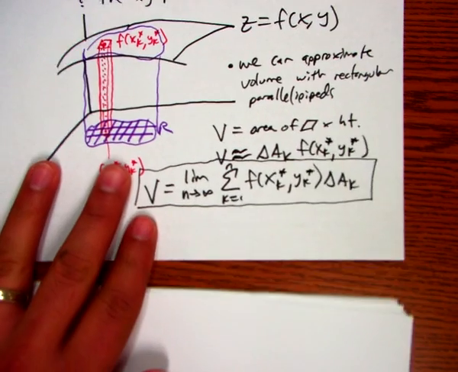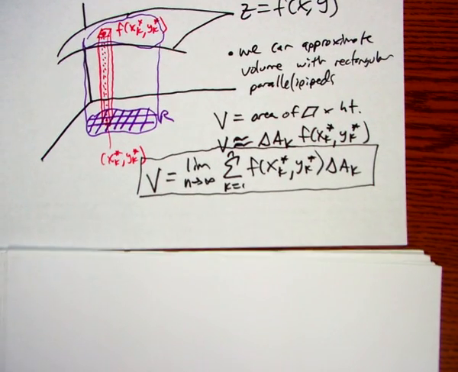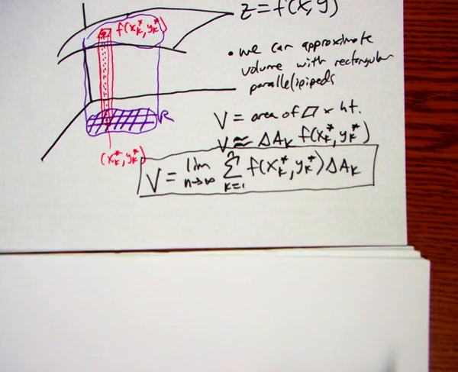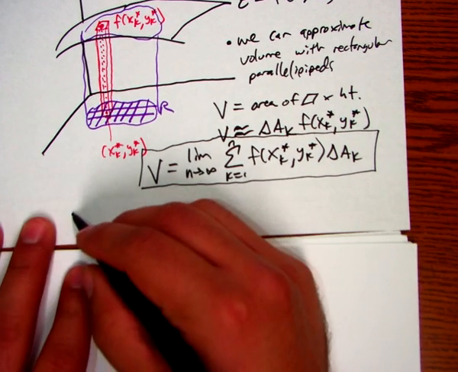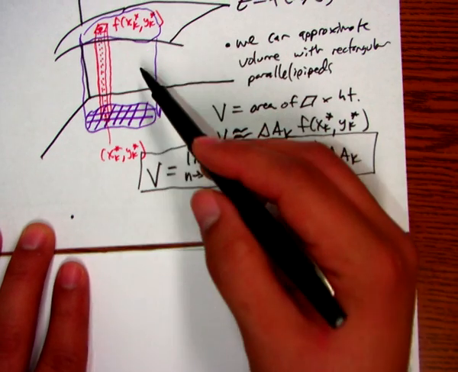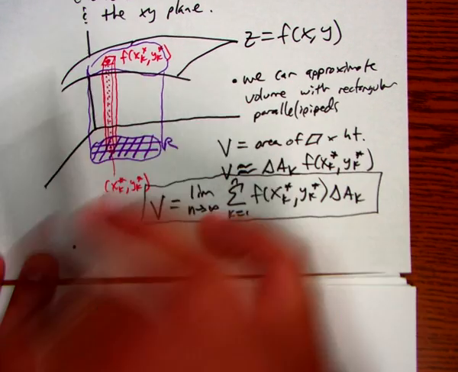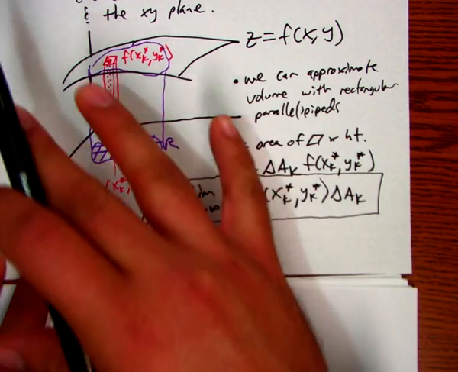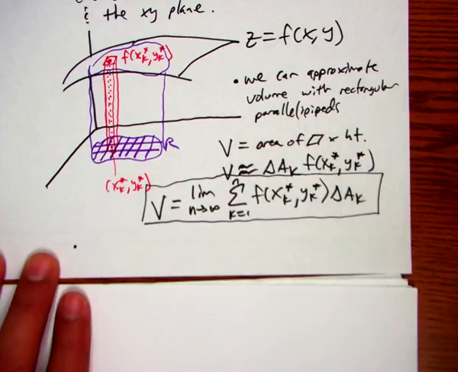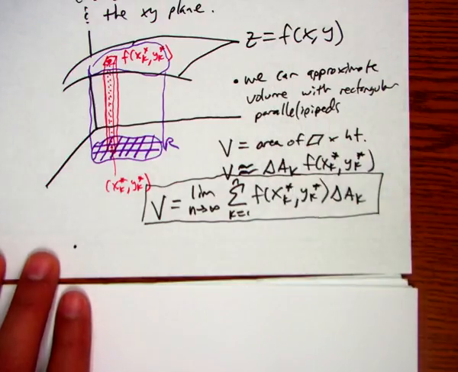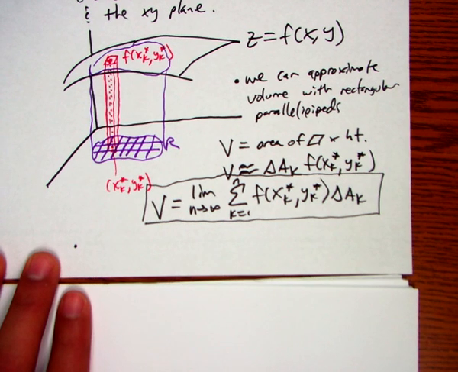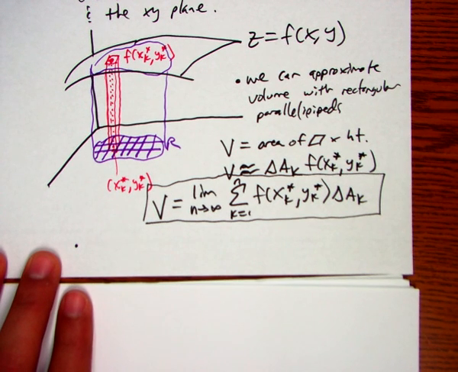Now, we can just add this in there, but it's the same idea as in Calc 1. In my picture here, the surface is entirely above the xy plane. If the surface is above and below, then the Riemann sum would be the difference in volumes. The difference in volume above the xy plane, and then below the xy plane. Okay?